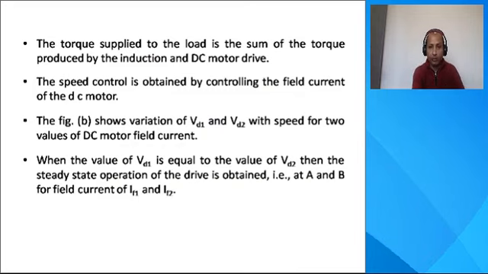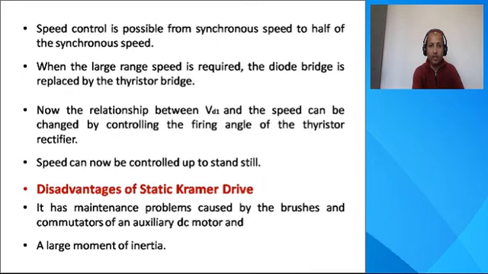When we are using static Kramer drive, the speed control is possible from the synchronous speed to approximately half of the synchronous speed. When we require a large range of speed control, then the diode bridge rectifier must be replaced by a thyristor bridge rectifier.